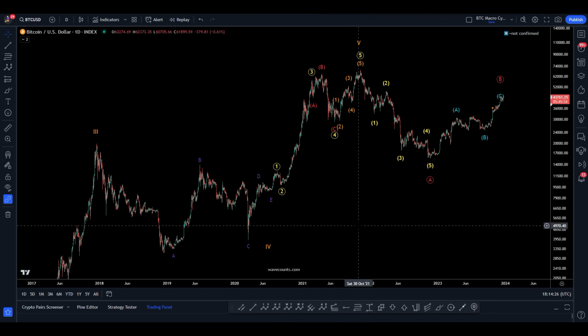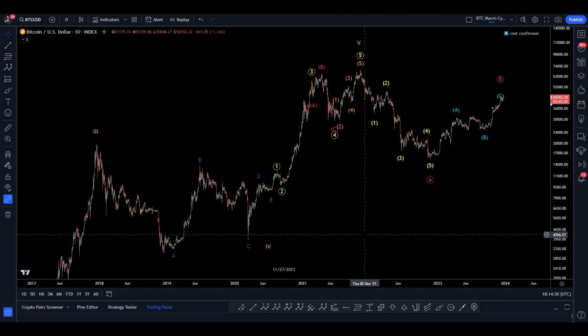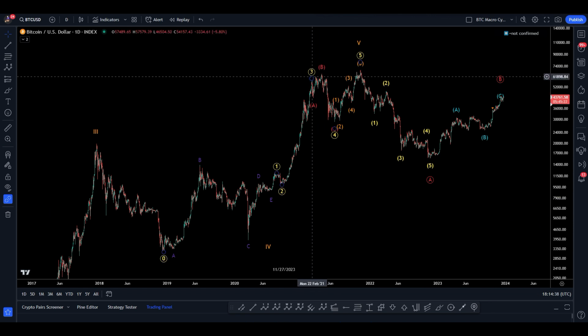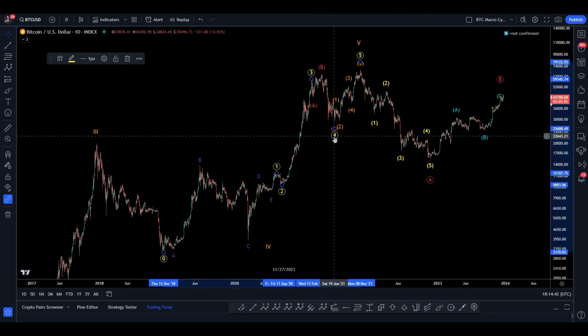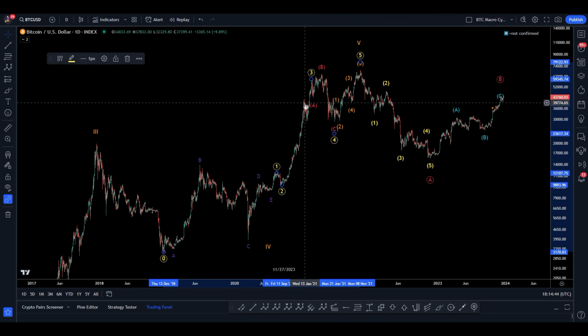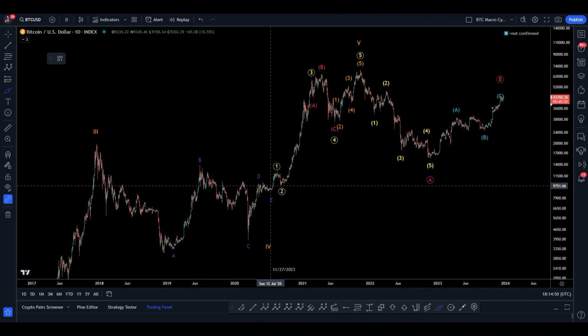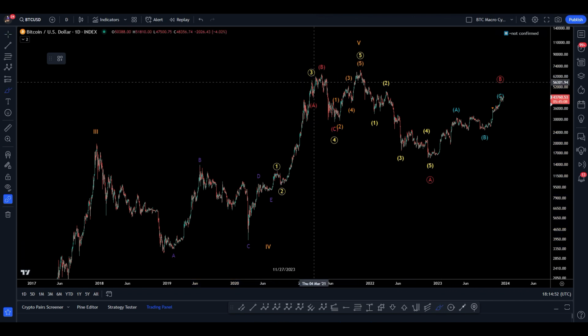More important is the guideline. Okay, you want to reach the fourth wave of lesser degree, the prior fourth wave of lesser degree, right? So if you look at this fourth wave here, I'm talking about the yellow circle here, you can clearly see, I don't have it labeled, but the previous fourth wave is right here, within this third wave.